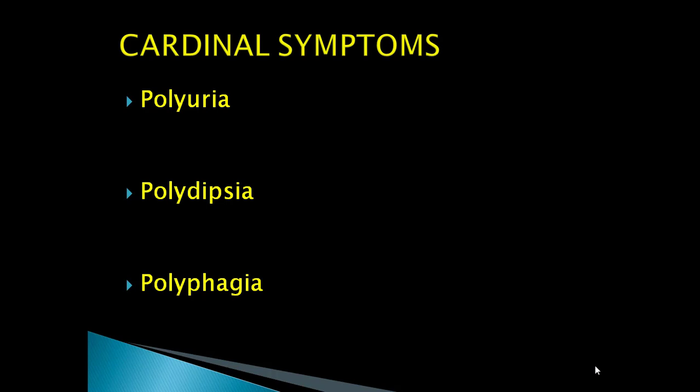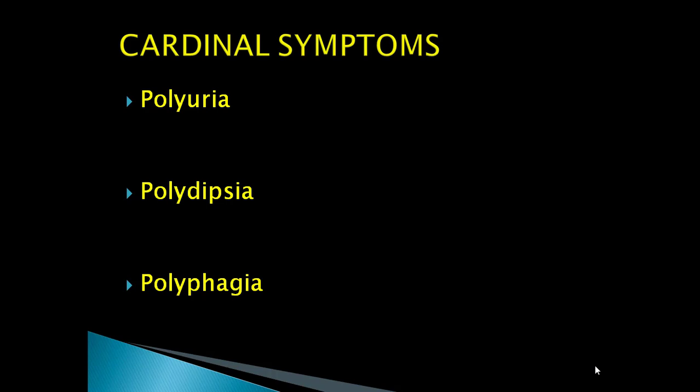So there is a catabolic state, a breakdown of fat storage and protein storage. That leads to weight loss and muscle wasting. Due to this, the patient perceives that he or she is losing weight and tends to eat more. So that leads to polyphagia. These are the three cardinal symptoms observed in diabetes mellitus: polyuria, polydipsia and polyphagia, which are linked to the derangement in the metabolism of macromolecules.